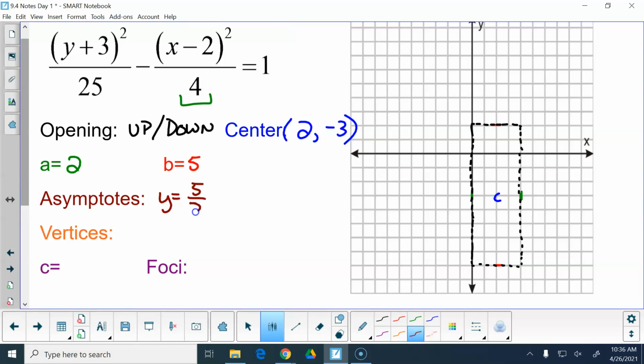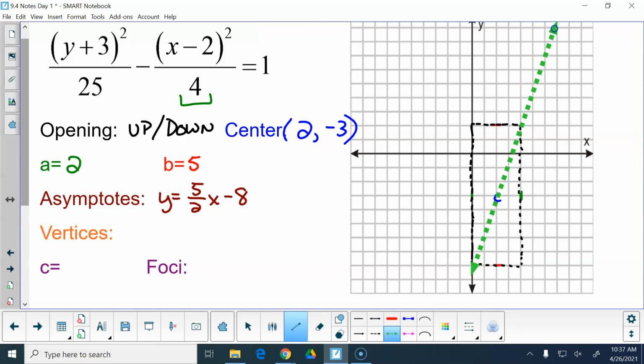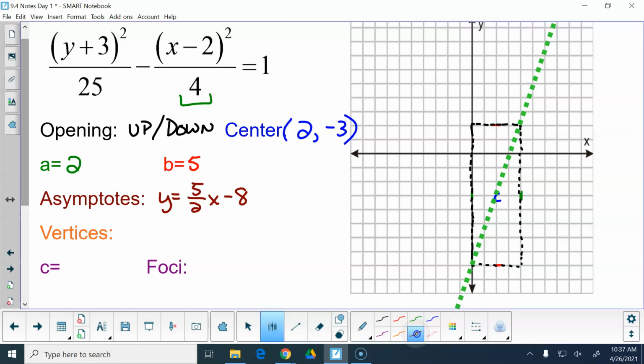I like 5 over 2x, and you said minus 8. I like that one. That's this particular one right here. That's that one. Yeah. 2 and not 7. Yep, that one I like better. And y equals negative 5 halves x plus 2.